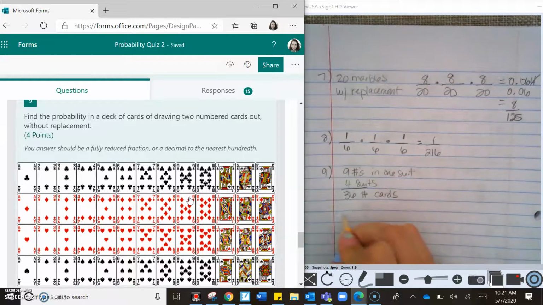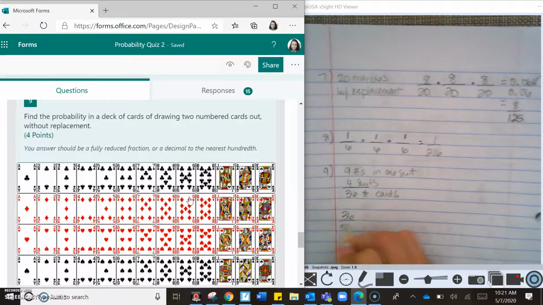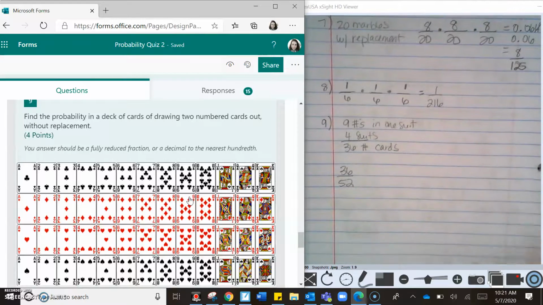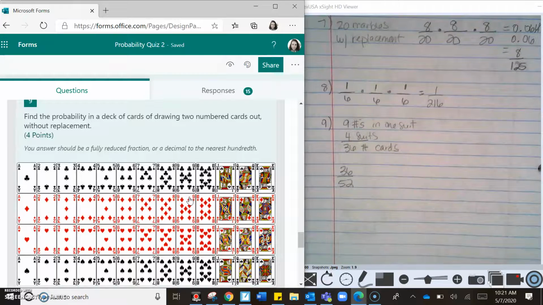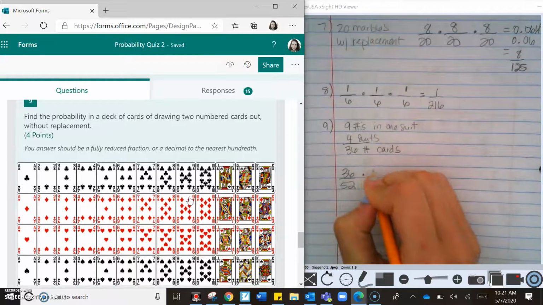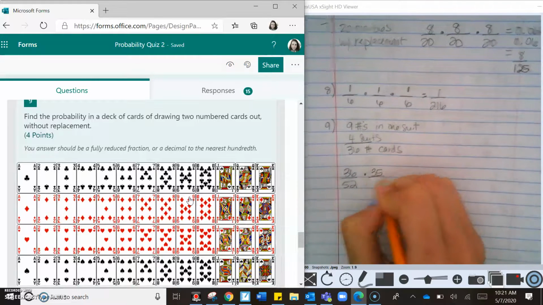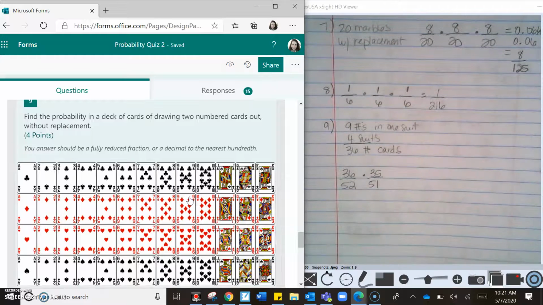Okay, so out of those 36, how many cards are in a deck total? 52. So the first time I go to pick a card, I have 36 cards to choose from out of 52. And it says here, without replacement. So I pick one of those numbers, I look at it, and I set it aside. When I set it aside, I've reduced the number of number cards I have to choose from, and I've reduced the total amount of cards in my deck.